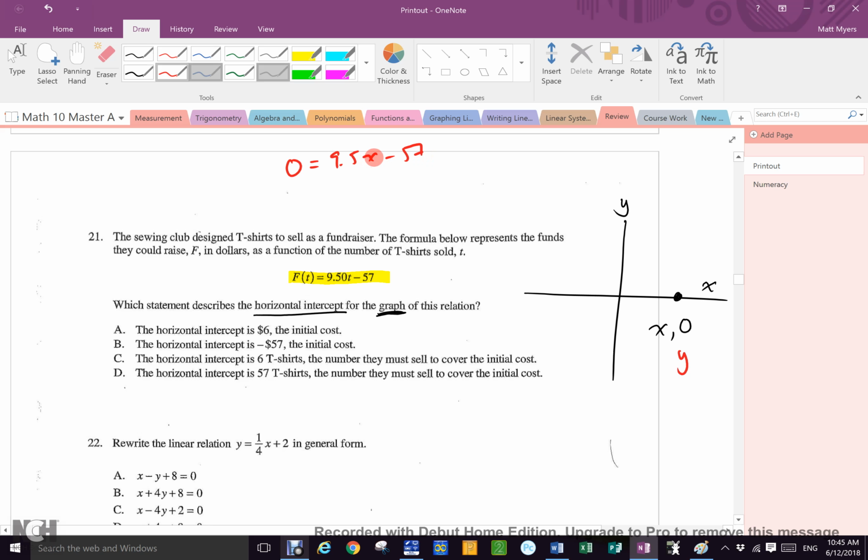What's your job? Get x isolated. How do I get rid of this? I move it over here. 57 equals 9.5x. Now what? Divide by 9.5. You're going to need to do that with your calculator. X equals what?